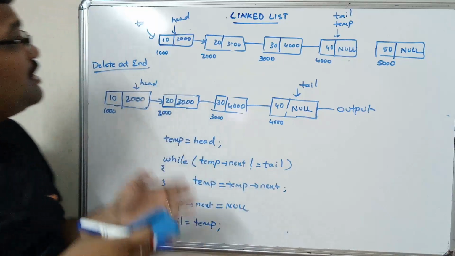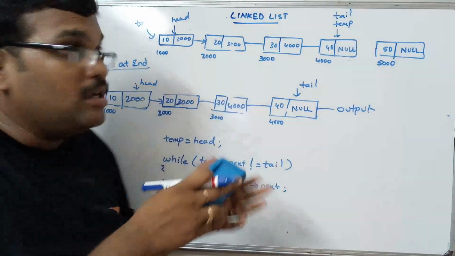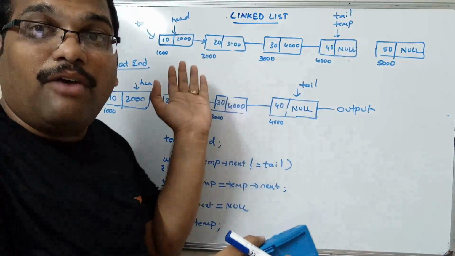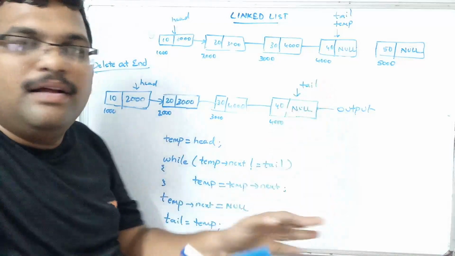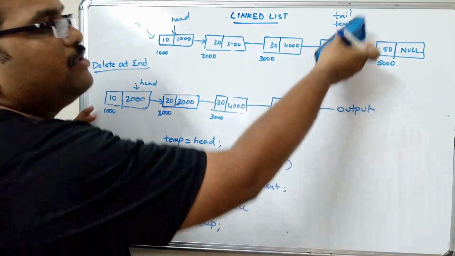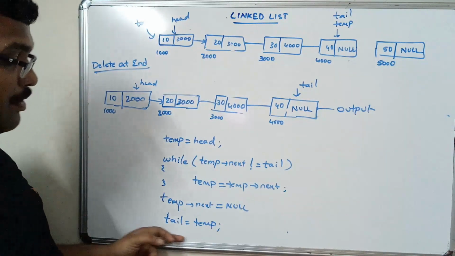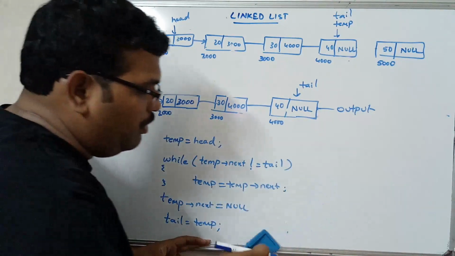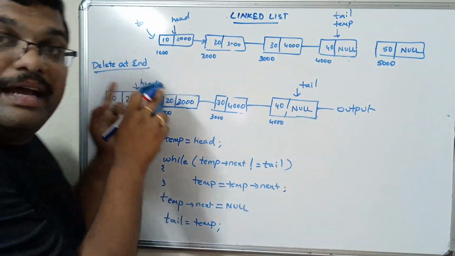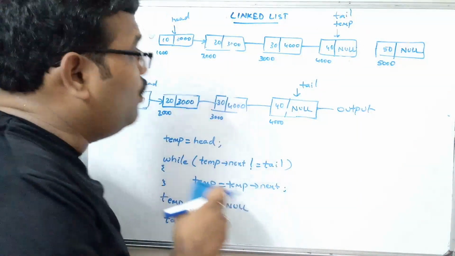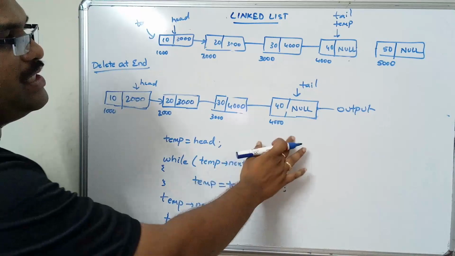So in the previous session, I mean in the previous case, we are moving the head. We have to move the head, right? So here the last element, so we are just assigning the temp to tail. Okay, so this is the code for deleting an element at the end position. Hope you understood here, right? So this is the output.